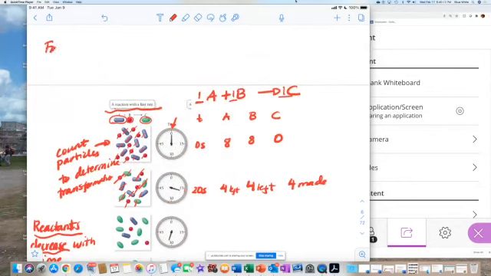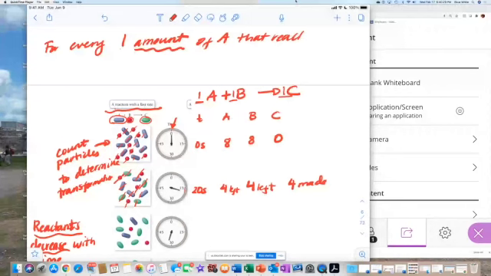This means for every one amount, I'm leaving the amount as general because the unit wasn't applied, right? For every one amount, it can be 1 gram, 1 mole, one amount of A that reacts, one amount of B also reacts. Okay, this part is important.